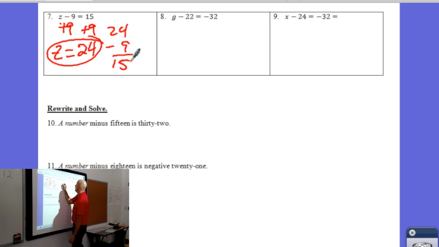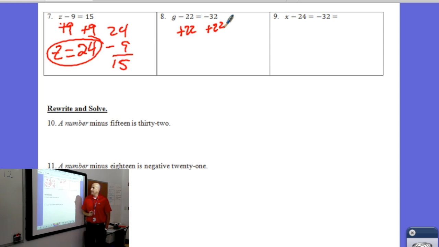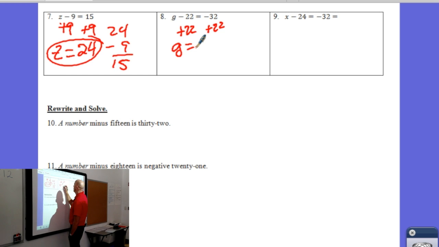So we're going to add 22 to both sides. So now, our minus 22 and our plus 22 cancel. So what do we have on the left-hand side? We have the G. G equals, and then what's negative 32 plus 22? Negative 10. Man, you guys are on it today.